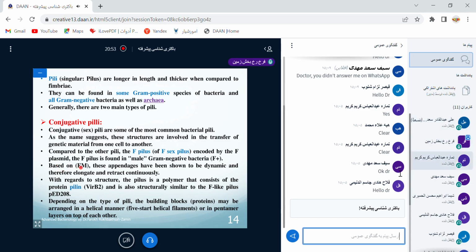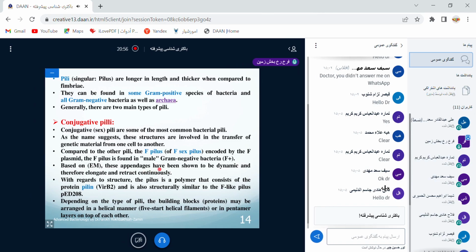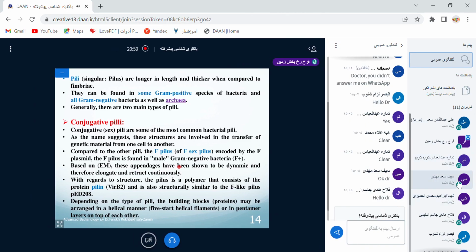Based on electron microscopy, these appendages have been shown to be dynamic, and therefore elongate and retract continuously. With regard to the structure, the pilus is a polymer that consists of the protein pilin, and is also structurally similar to the F-like pilus PED 208.